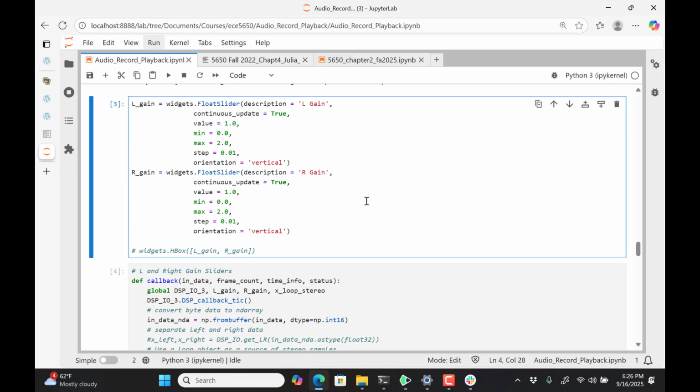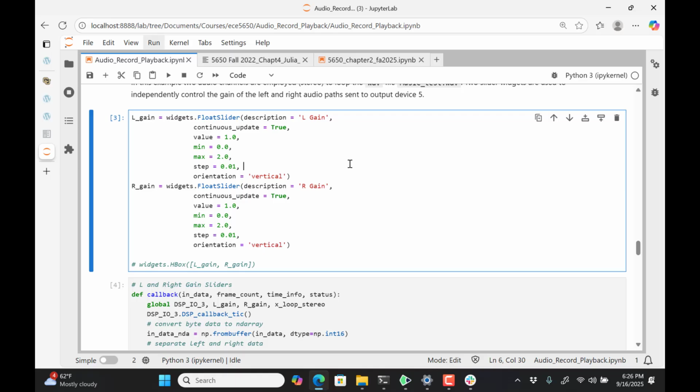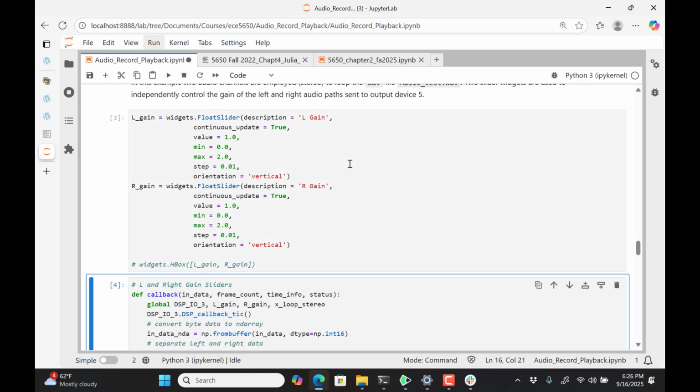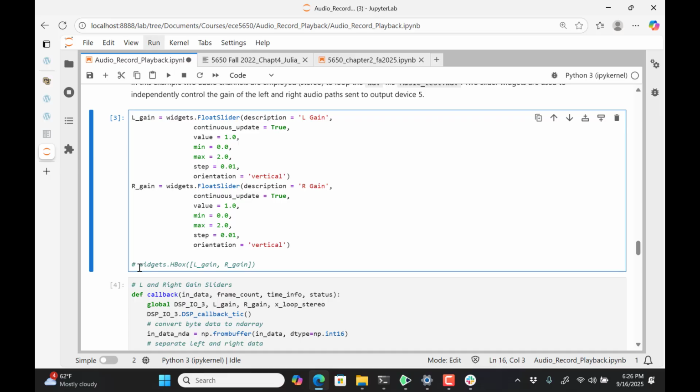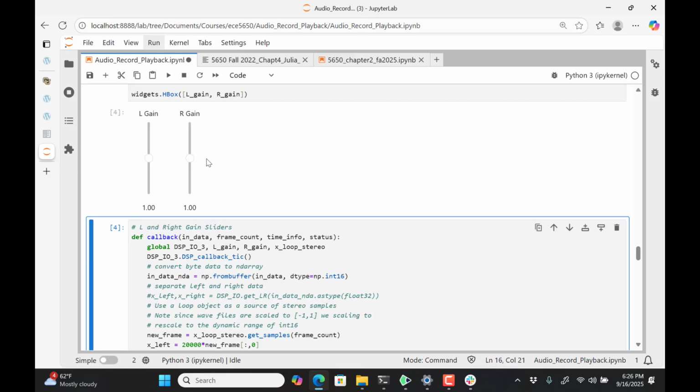So we create some widgets. I just created the widgets. I've created a slider for gain, and I've put some parameters in. I've created a right and left gain slider, and if I was to uncomment this, you see there's my widgets.